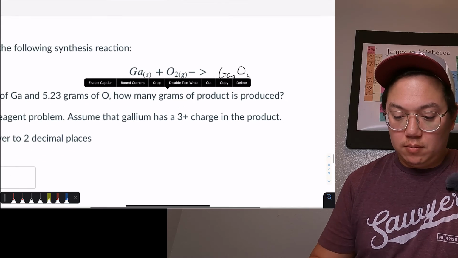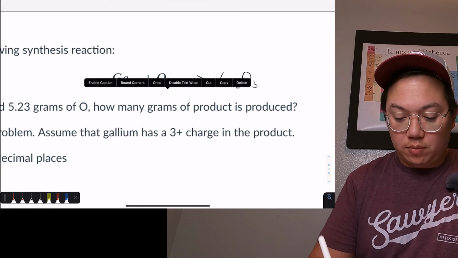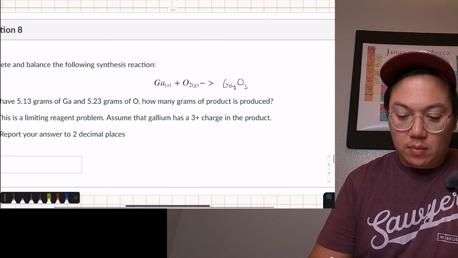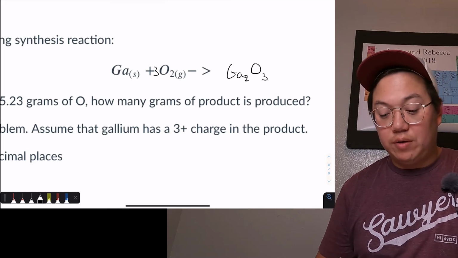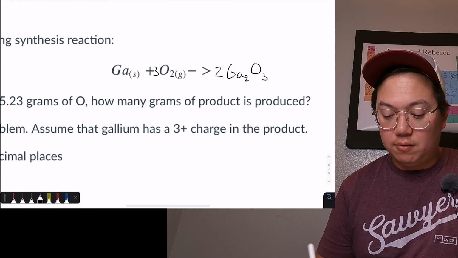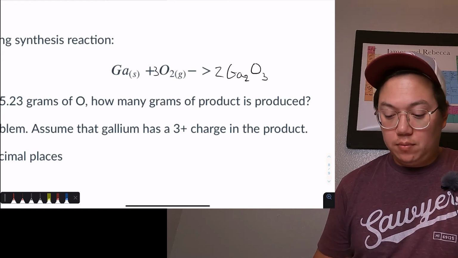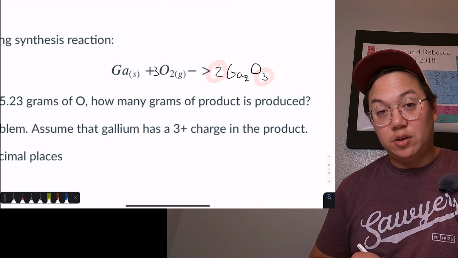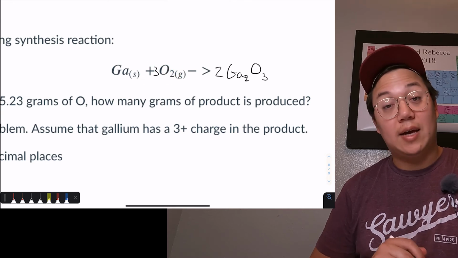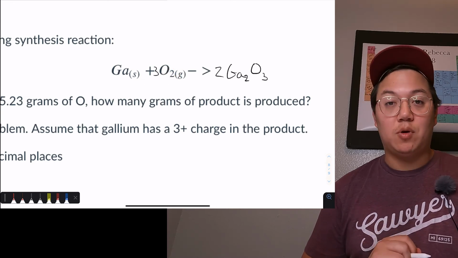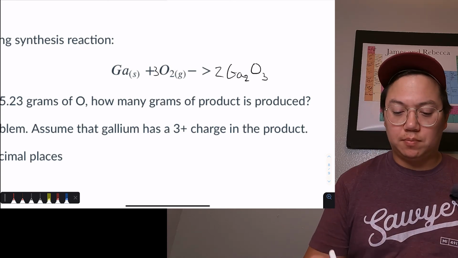We'll give our oxygen a coefficient of 3, and then give our gallium oxide a coefficient of 2. Now 2 times 3 is 6 oxygens, and we also have 2 times 3, so we get 6 oxygens. Again, when you're balancing your chemical reaction, you can't change the subscripts, only the coefficients.